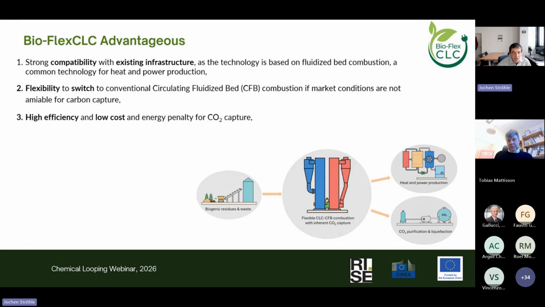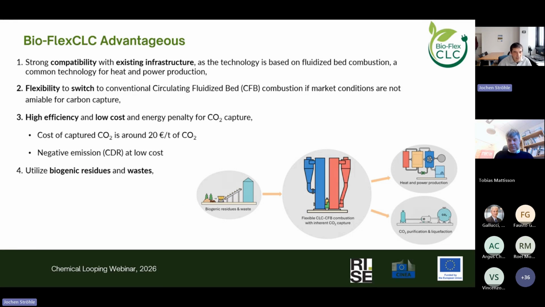We have high efficiency and low cost if we want to capture the CO2 due to the features of the chemical looping system, which is a very low CO2 avoidance cost of around 20 euro per ton, and possibilities for negative emissions when using biogenic fuels.